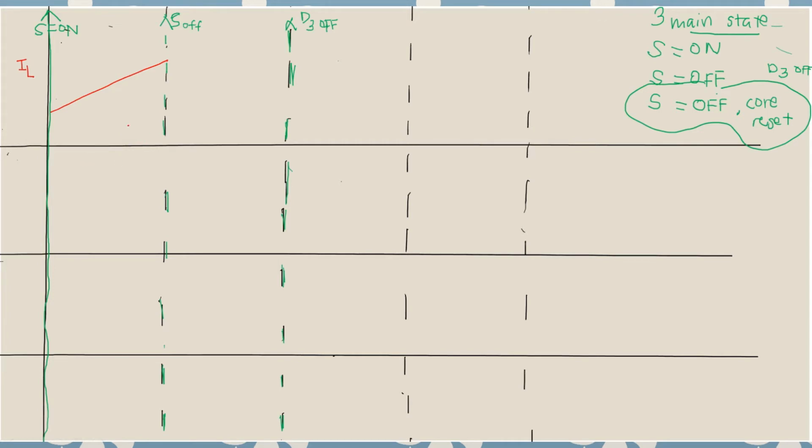At this stage, do you still remember the formula that we calculated for dIL yesterday? We're going to write that formula, because that's the gradient for this: minus V out, and all of that divided by L. That's the gradient.